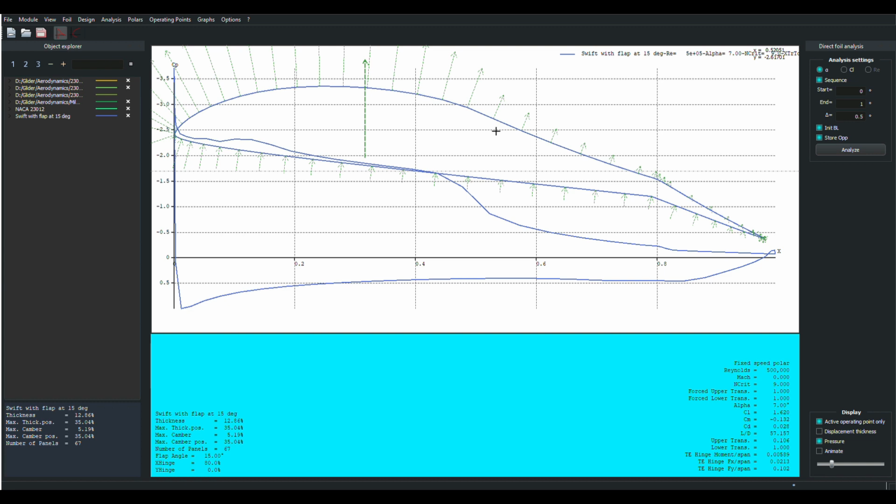And the folks that designed the Swift knew that about this airfoil. They just never planned on going that fast. They didn't have any desire to. Nobody thought hang gliders should go 100 miles an hour. If you want to go 100 miles an hour, buy a sailplane.